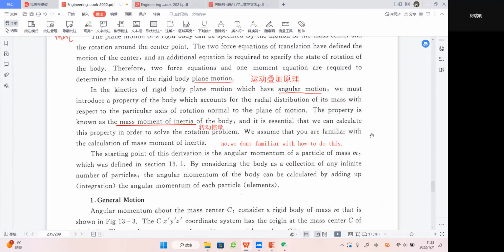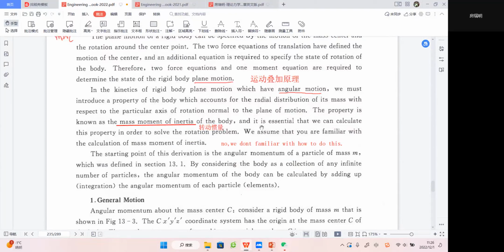So the property is known as the mass moment of inertia. In China, we call that 转动惯量. It's more like mass of a body, because we have Newton's second law, F equals ma, right?